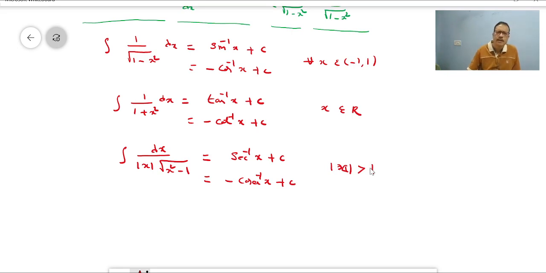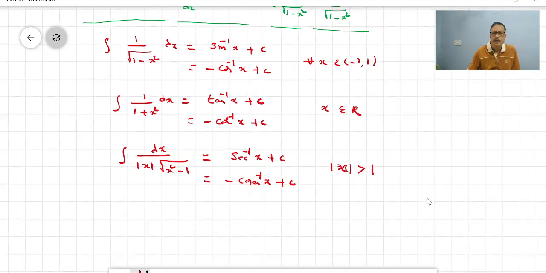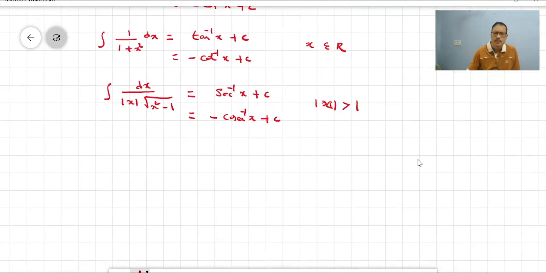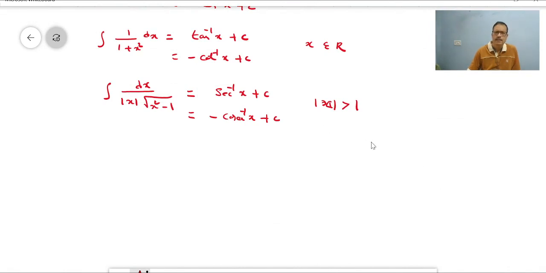What is the formula of integral of dx by modulus of x into root of x square minus 1? Secant inverse of x plus c, or you can write minus cosecant inverse of x plus c, where here modulus of x is greater than 1.